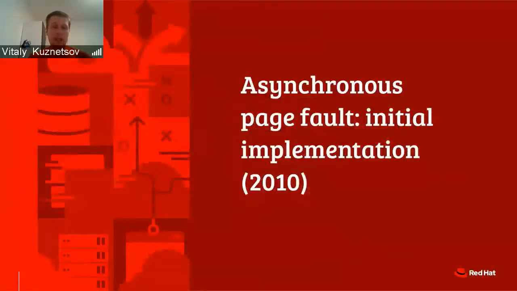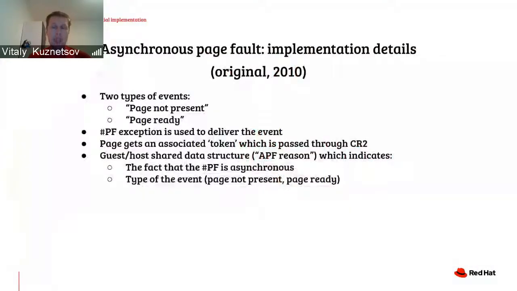Today we are mostly going to talk about the first idea, which is called asynchronous page fault. Initially, it was implemented in 2010. The main concept is that there are two events. The first event is called page not present, and the other is called page ready. To deliver these events to the guest, the page fault exception is used.